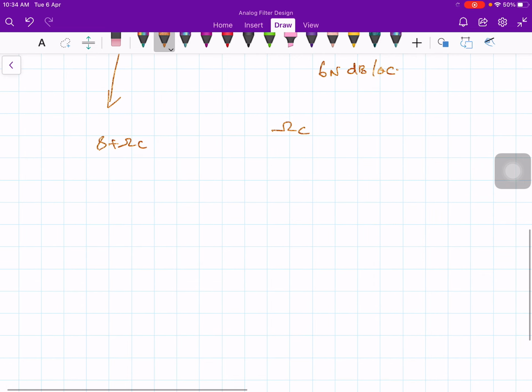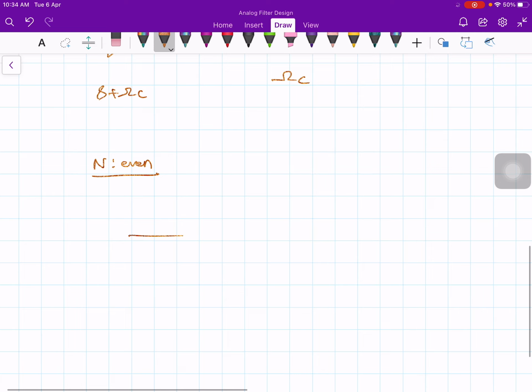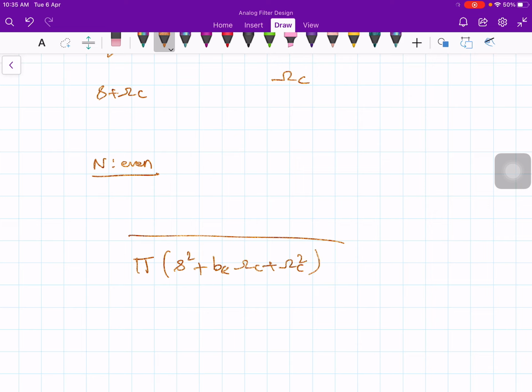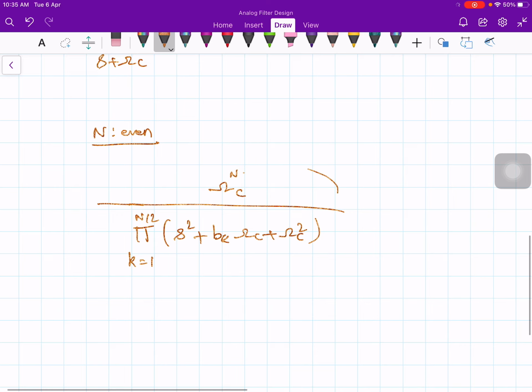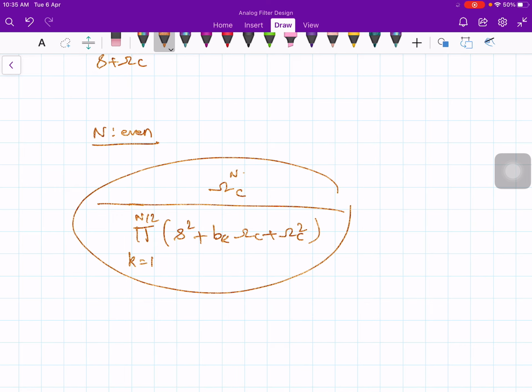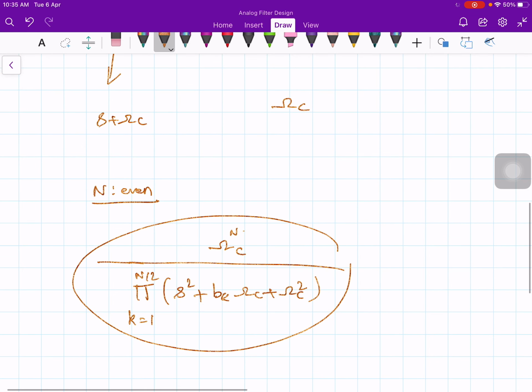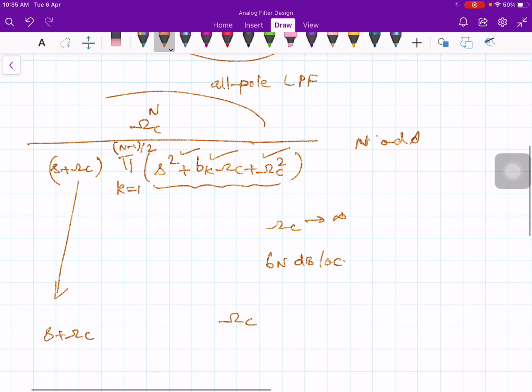In case capital N is even, in this case we have continued product of s squared plus bk omega c s plus omega c squared, k equal to 1 to N by 2, and in the numerator once again omega c to the N. Okay, and in this expression you don't have to find anything else.